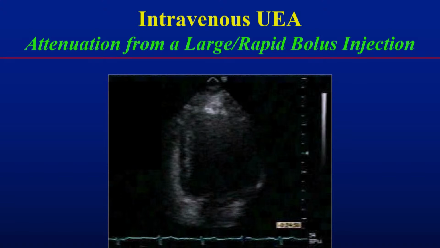What I'm going to show you here is a bolus injection of a contrast agent. So obviously it's going to go from the right side to the left side. The first thing that you're going to see, and this is the right side of the heart, what you're going to see predominantly early on is a film of very high white density.